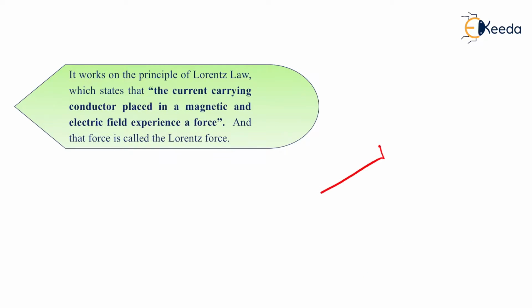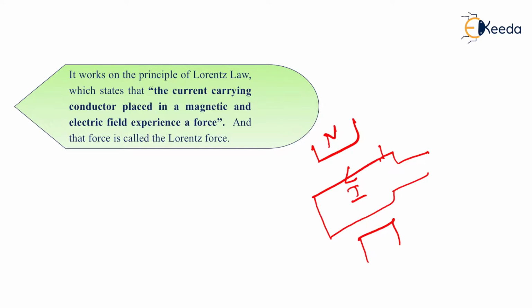So here is our conductor, and it is carrying a current, that is I, and when this conductor is placed in a magnetic field, you can consider north and south poles. Here is our magnetic field. This conductor experiences a force and this force is called Lorentz force. So in a DC motor, this force is also called a mechanical force.